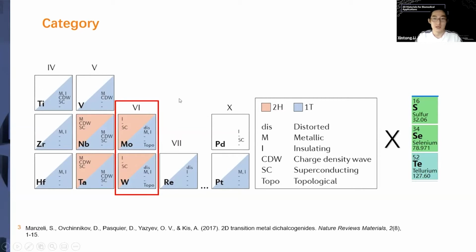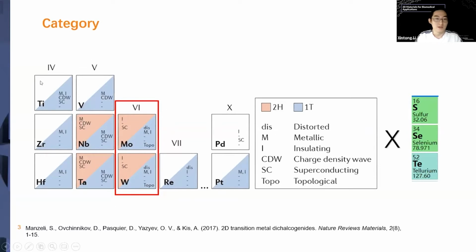And in this chart, it also summarizes some of the properties like the thermal stable phases in common conditions, if it's 2H or 1T, and also marks some of the properties like if it's metallic or insulating and semiconductive, and it also marks some of the very interesting physics phenomena like the superconductivity and topological phases.